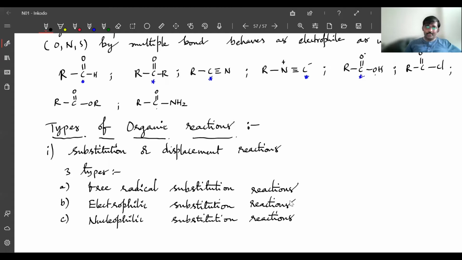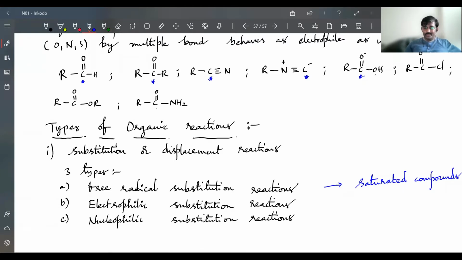Generally, free radical substitution will happen in saturated compounds. Saturated compounds means alkanes, which we'll see right now. In the case of alkanes, free radical substitutions will generally happen.